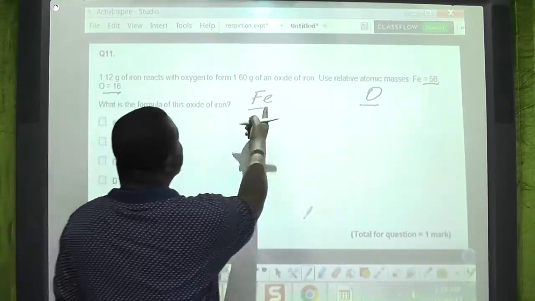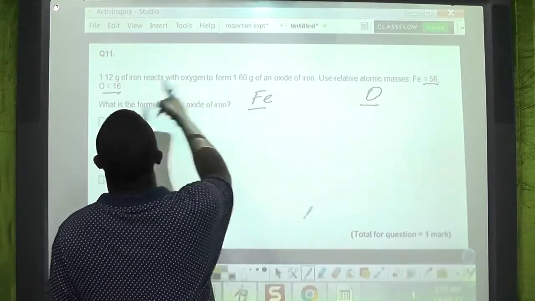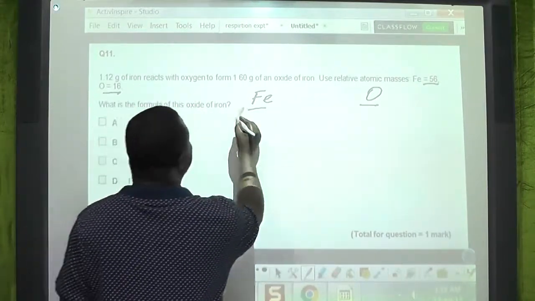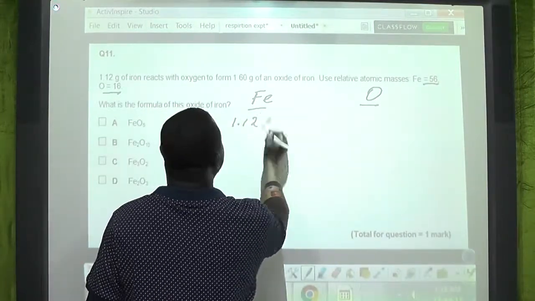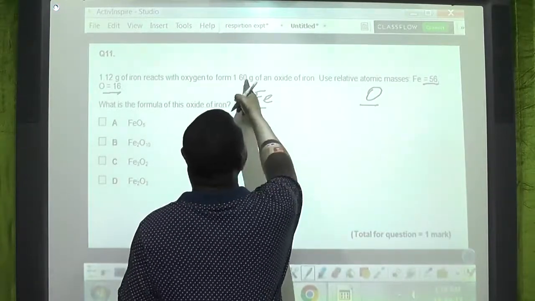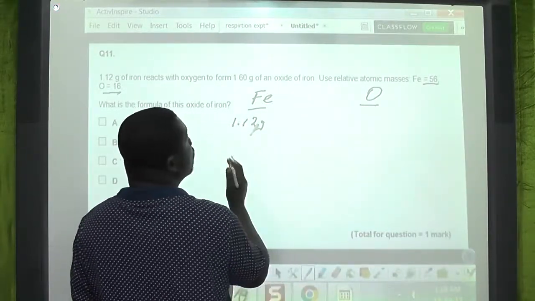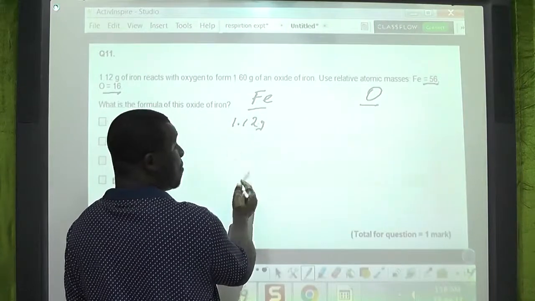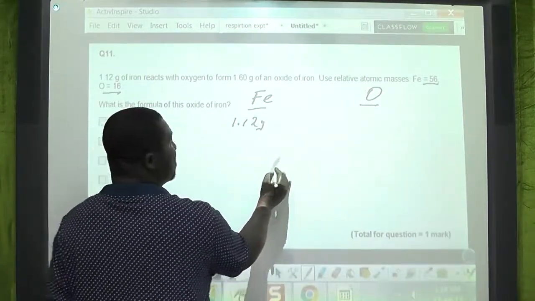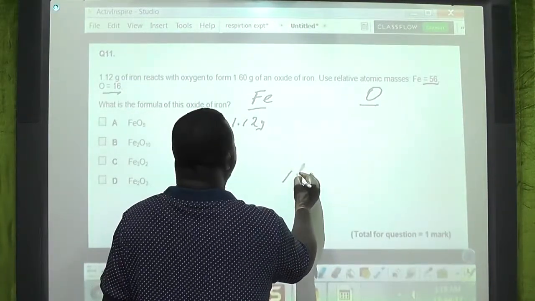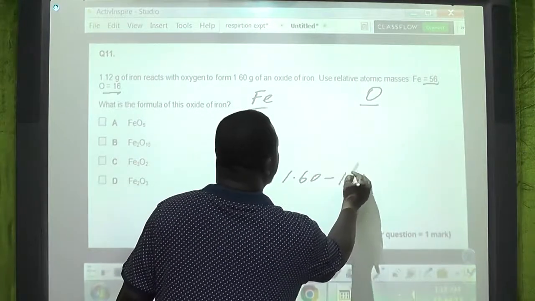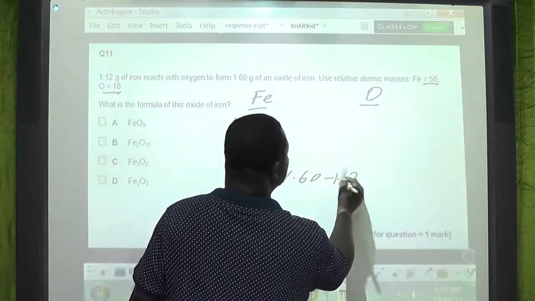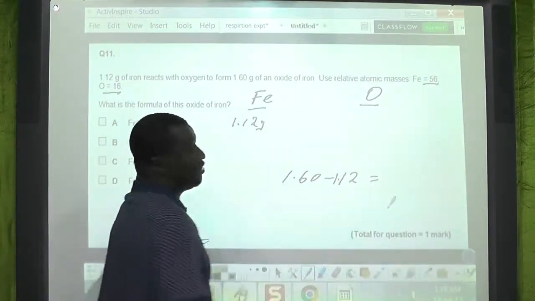Now, 1.12 grams of iron reacted, and 1.60 grams of the oxide was formed. From your IGCSE, you know that if you remove 1.12 from the oxide, you will get the mass of oxygen that reacted.